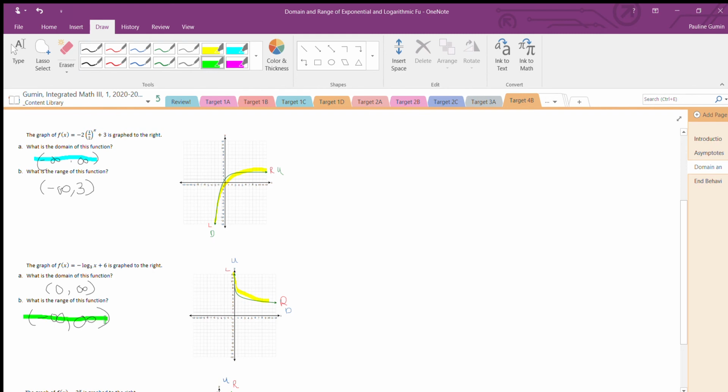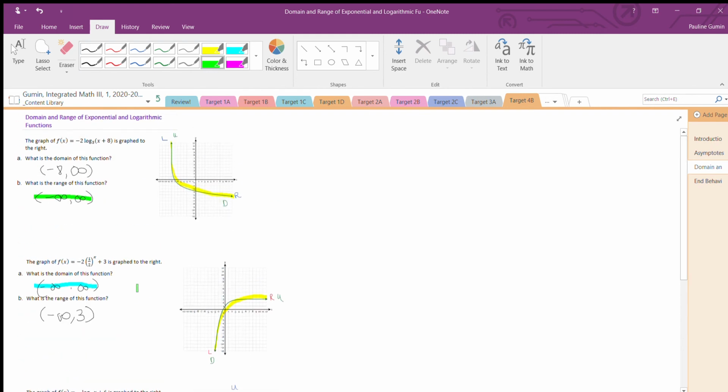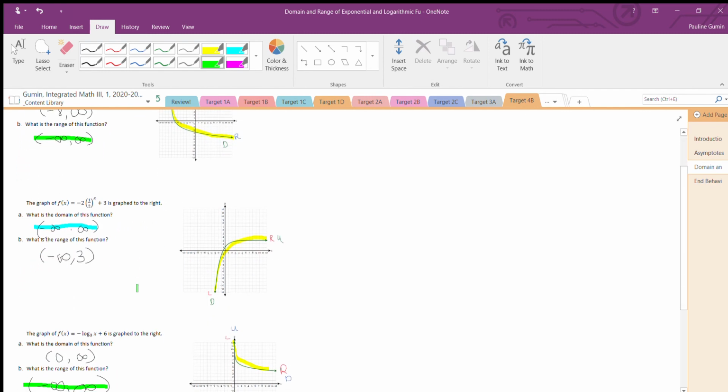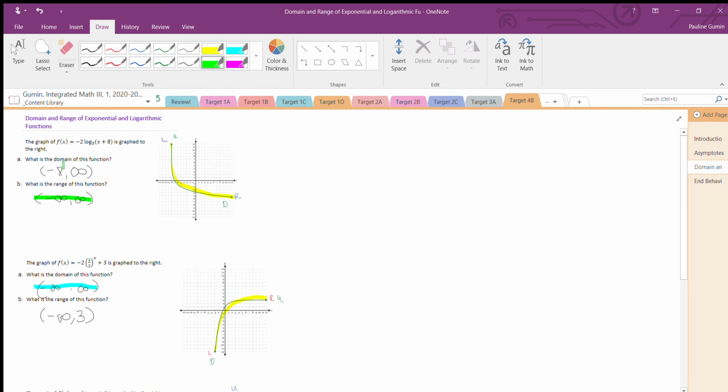That's not a coincidence. Exponentials and logarithms are inverses of each other. So if exponentials have x's being from negative to positive infinity, that means logarithms have their y's being from negative infinity to positive infinity.